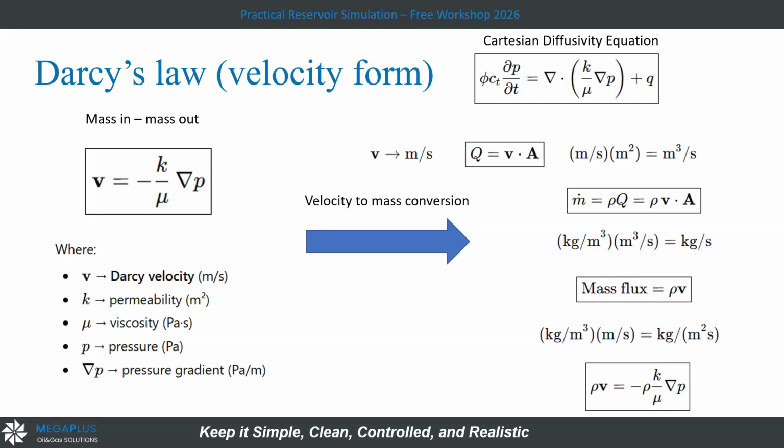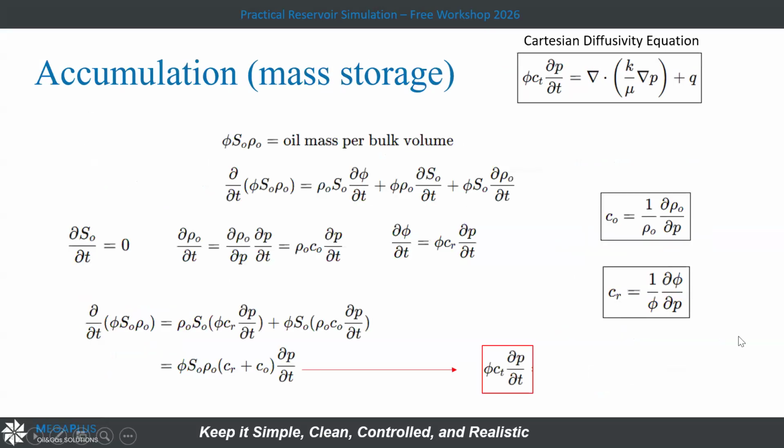So I assume here that the area is constant between the grids. So the mass flux will be the density multiplied by the velocity, and the density multiplied by the velocity will equal the pressure difference with the density, the permeability and the viscosity. So this is the final formulation of Darcy.